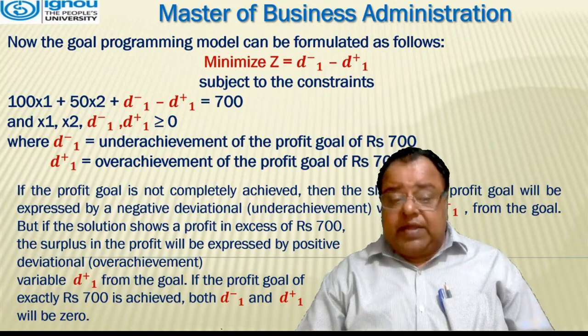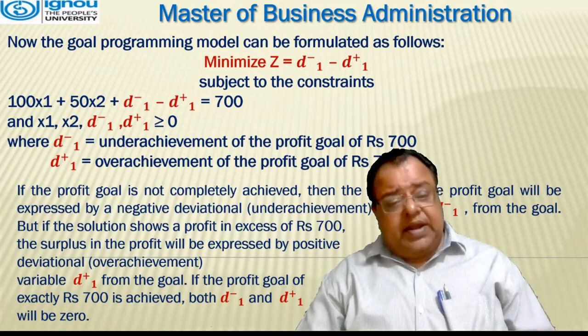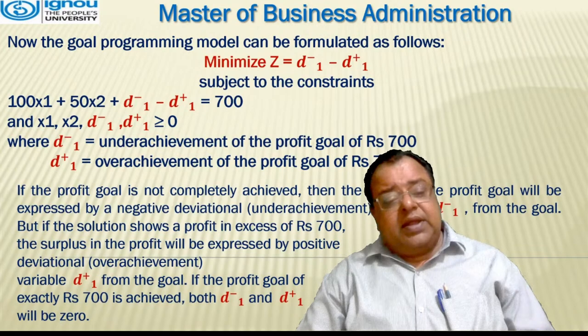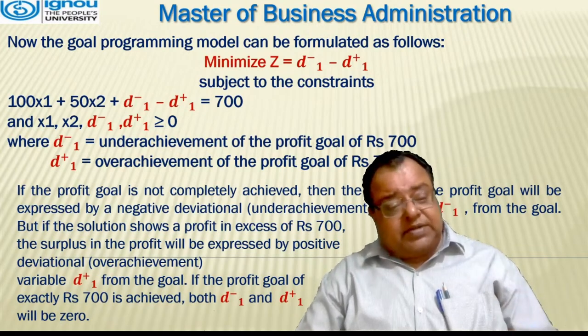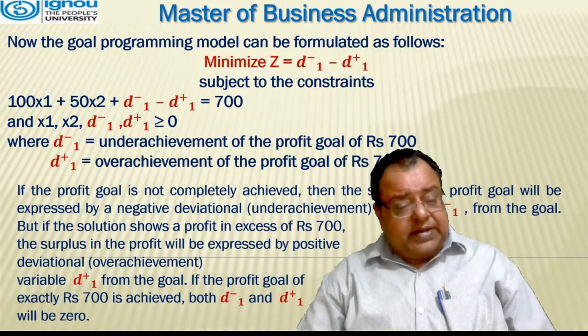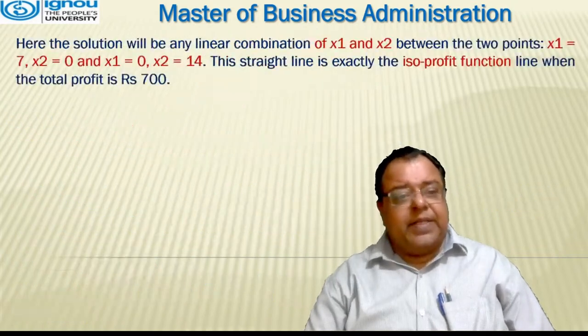But if the profit is seen in excess of rupees 700, then the surplus in the profit will be expressed by the positive deviation variable, that is d1 plus from the goal. And if the profit goal of exactly 700 is achieved, then both d1 plus and d1 minus will be 0.